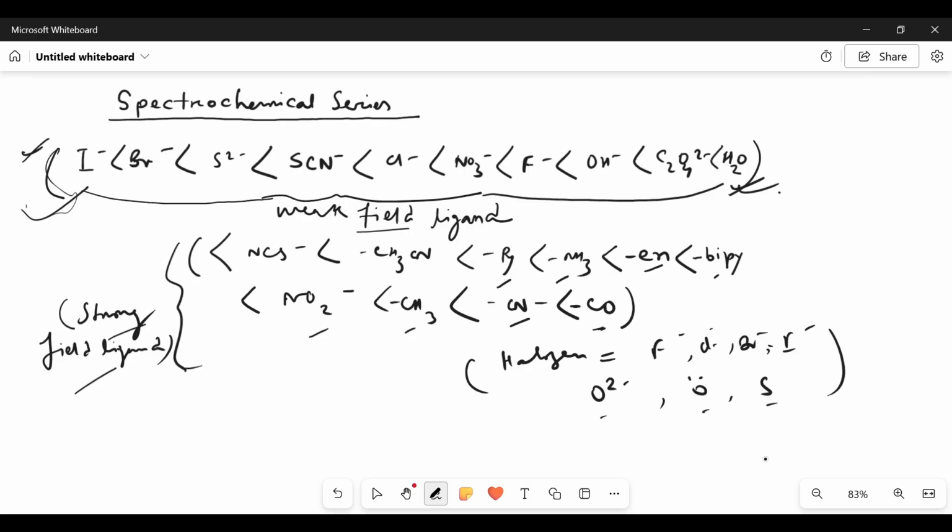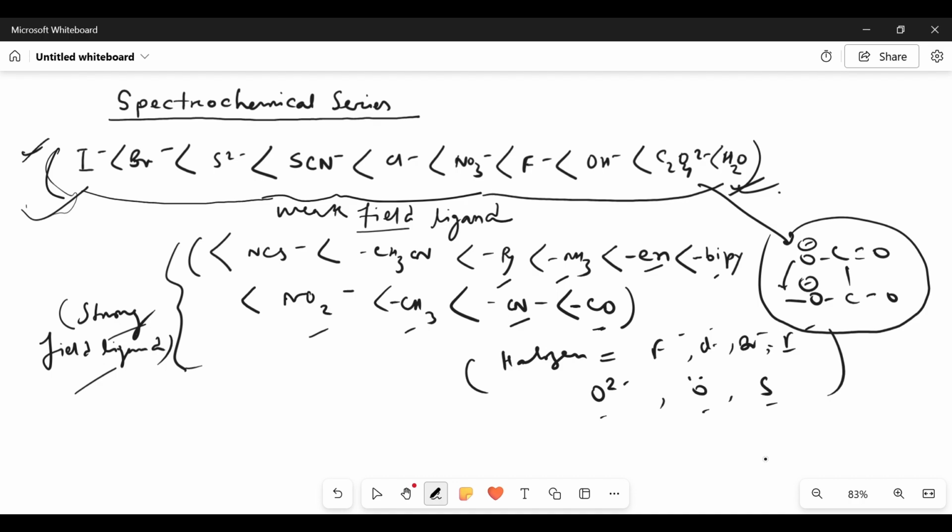Because you know that in oxalate also there are two oxide O minus ions. Structure of oxalate. So oxygen is the donor atom. These two oxygens are donor atoms here. In water also, oxygen has a lone pair.